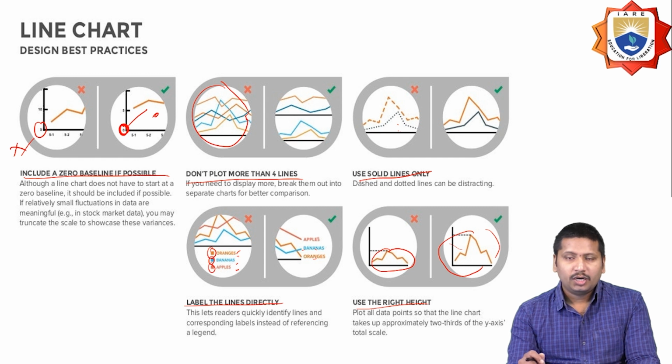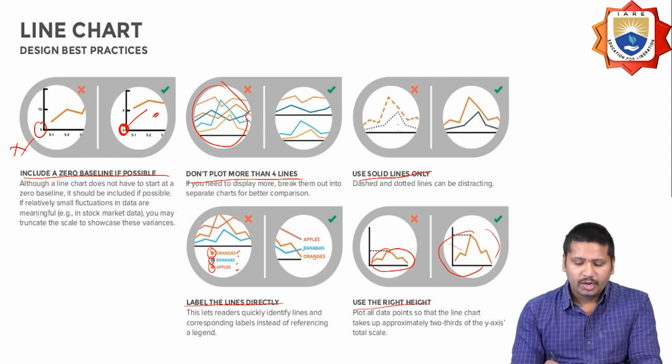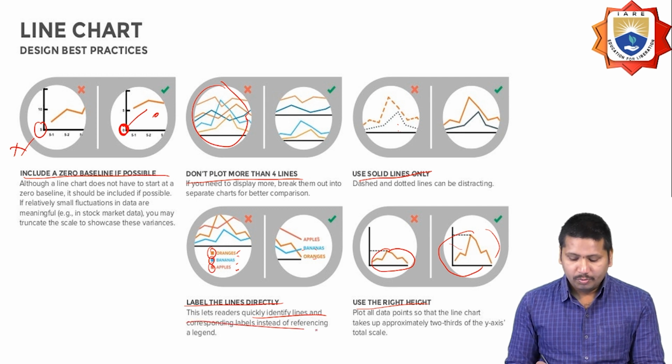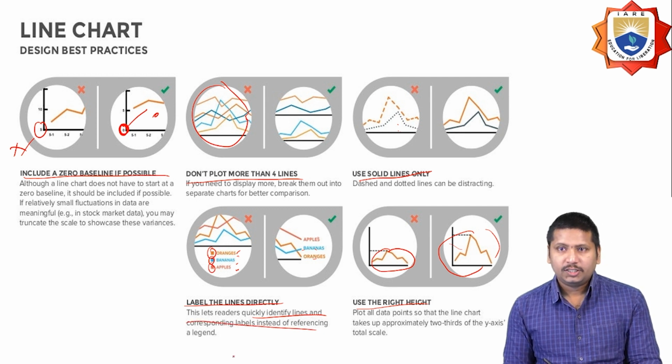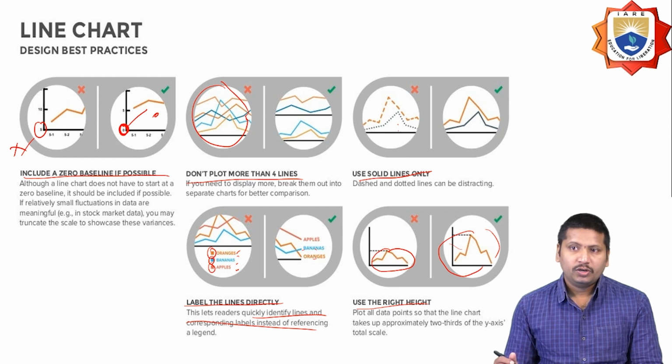Dashed and dotted lines can also be distracting. Label the lines directly so you can quickly identify the lines and corresponding labels instead of using a legend. And plot all the data points so that the line chart takes up approximately 2/3 of the y-axis total scale.